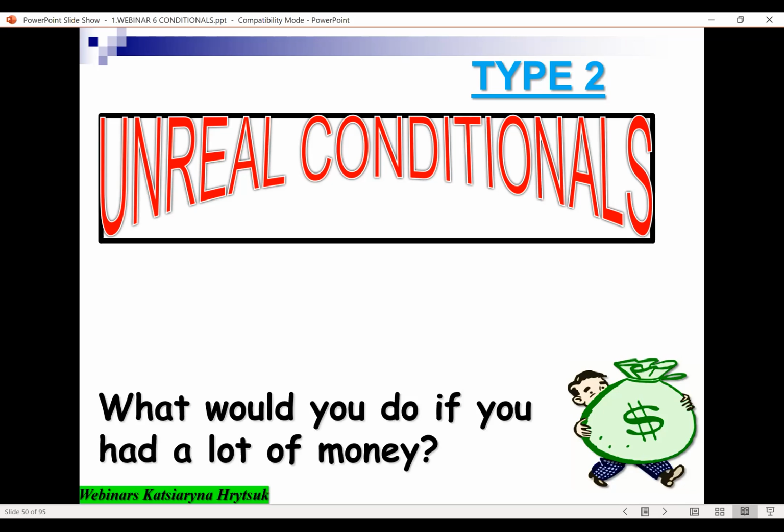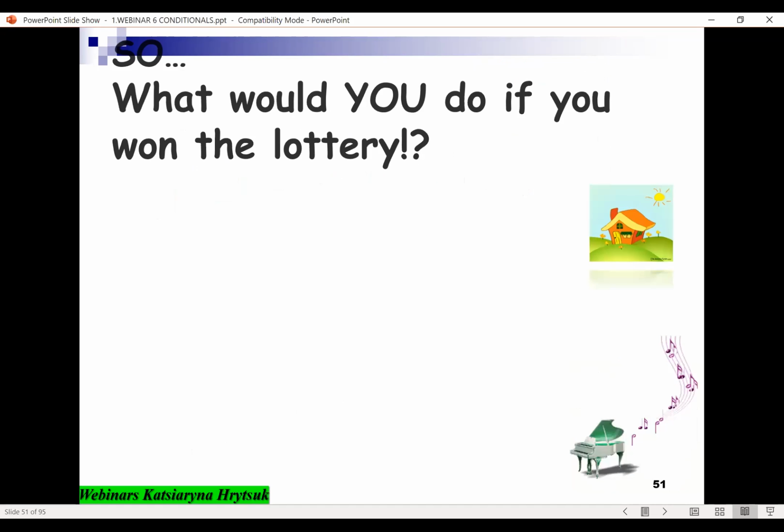What would you do if you had a lot of money? Even now, even if it's in the present, it's unreal. So what would you do if you won the lottery?